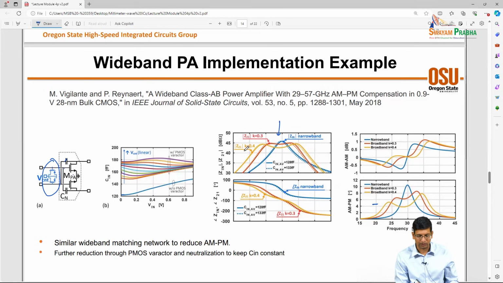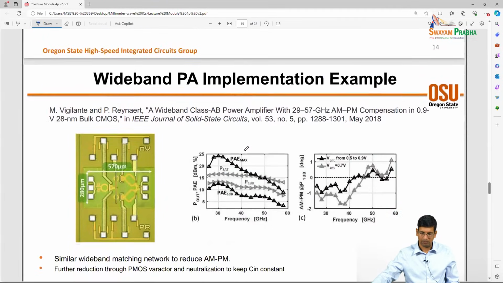So this shows without the PMOS varactor what the Cin looks like as a function of Vin, and this shows what Cin looks like as a function of Vin with the PMOS varactor, right? So if you apply the right control voltage, you can make the Cin look pretty constant across all input voltages, and this basically reduces AM/PM as well.